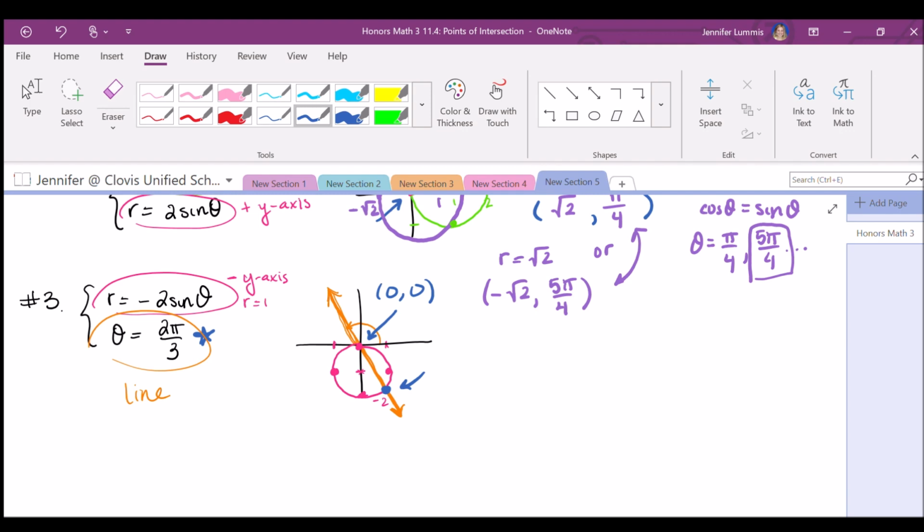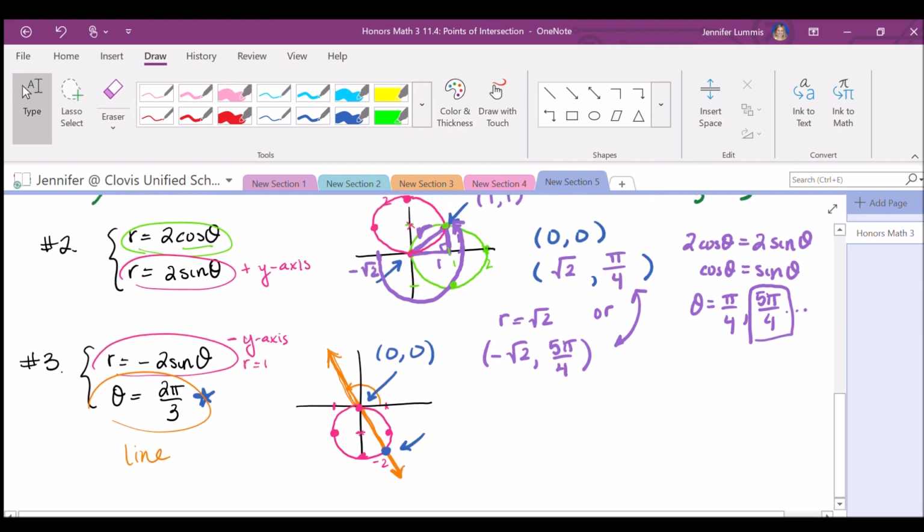So let's figure out the radius here. And all I'm going to do, instead of setting the two equal, because they don't both have r equals, we're going to take 2 pi/3, which is theta, and just substitute back into the other equation. So that'll give me r is equal to -2 sine 2 pi/3. So we'll just evaluate. Sine of 2 pi/3 will give us √3/2, and this leaves us with -√3.